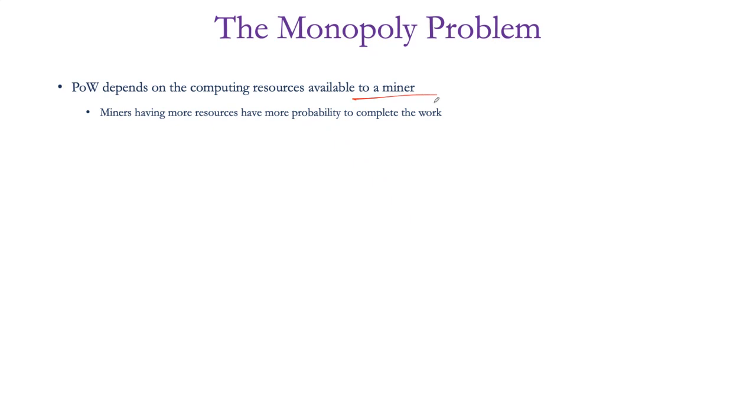So the miners who have more resources have more probability to complete the mining process. If their servers or their CPU power is more, the processor speed is more, they can complete the process in a shorter duration. So every time, the miner who has more resources will become the winner and become the monopoly for that particular network.